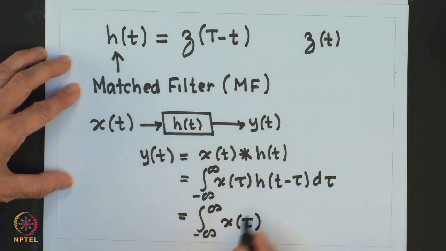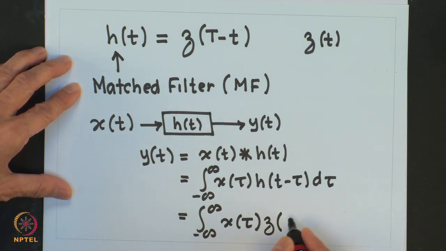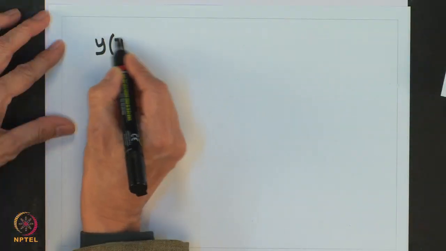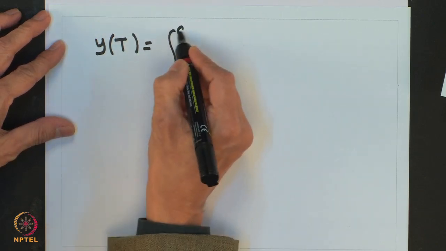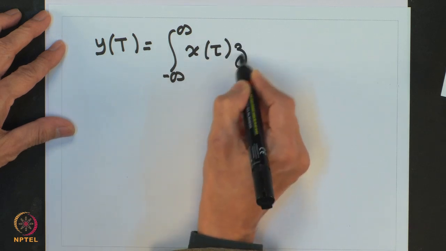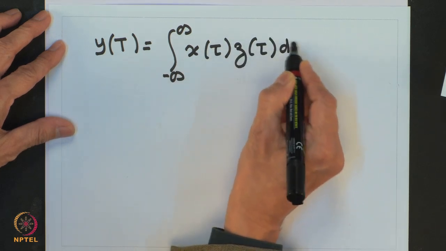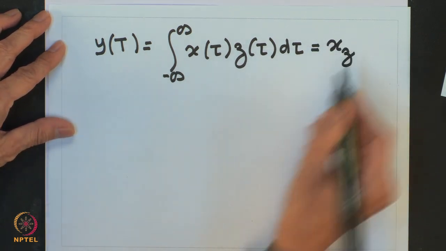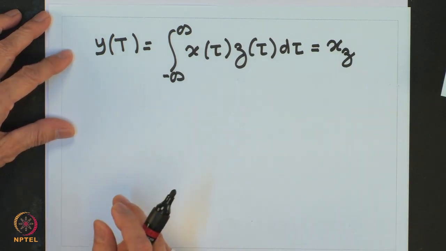Substituting the value for h(t), now if you evaluate this output y(t) at t equal to capital T, then we get y(T) equal to the integral of x(tau) z(tau) d tau, which is xz which we had defined earlier.